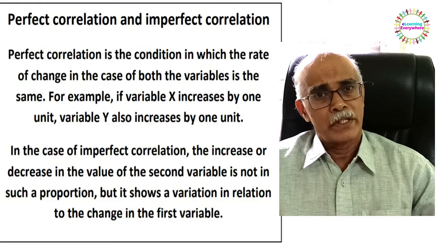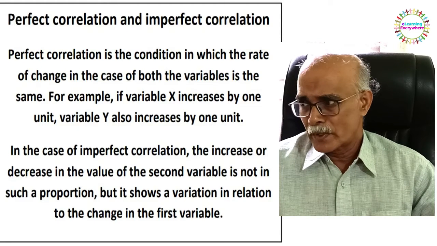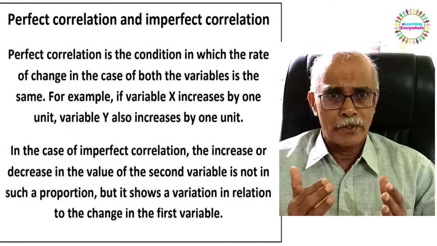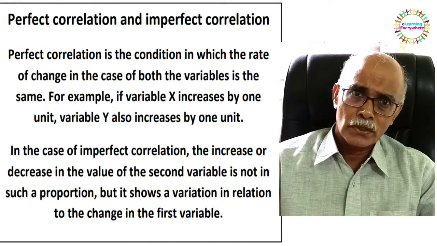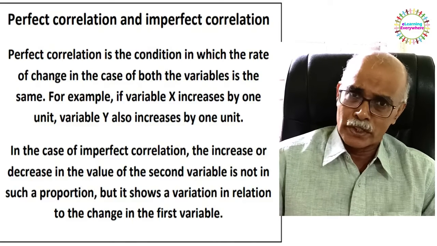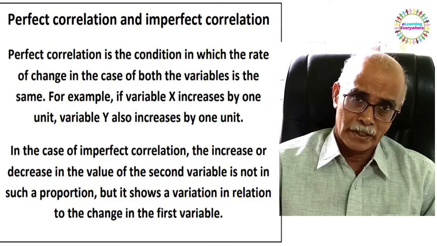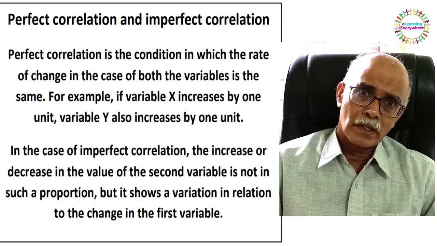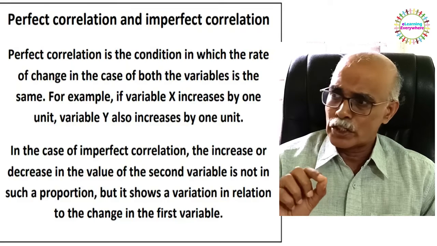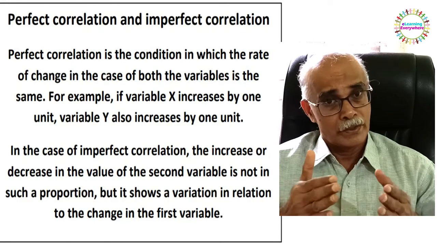It may vary sometimes. And there is such a relationship when variable x increases in magnitude, variable y also increases. But it is not linear. It is not as mentioned in the case of perfect correlation.